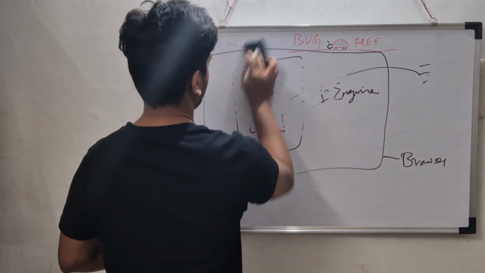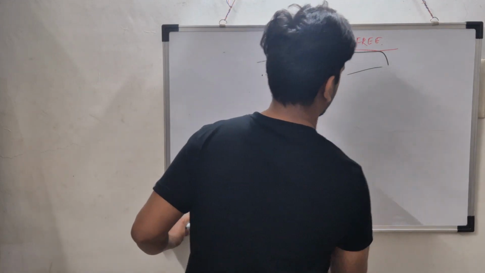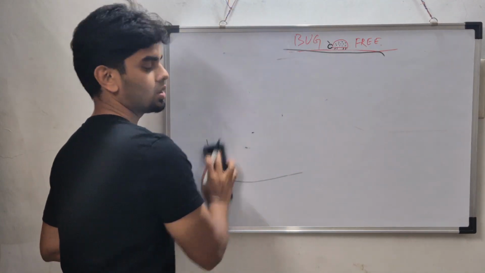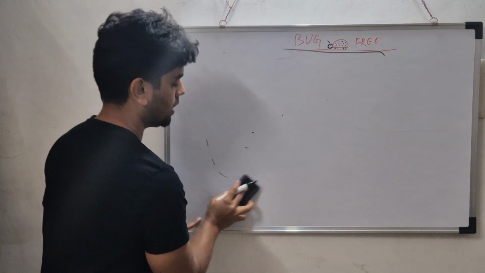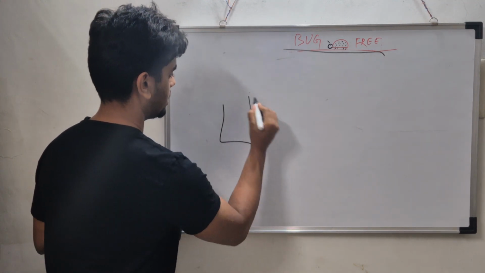For handling asynchronous things, JavaScript has two things: micro task and macro task. Let's see about micro task and macro task now.